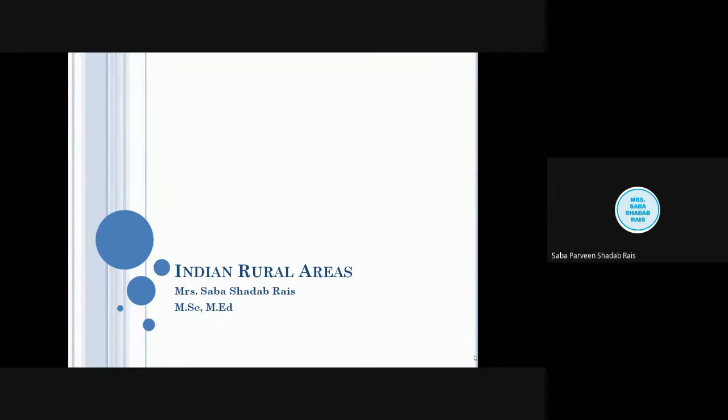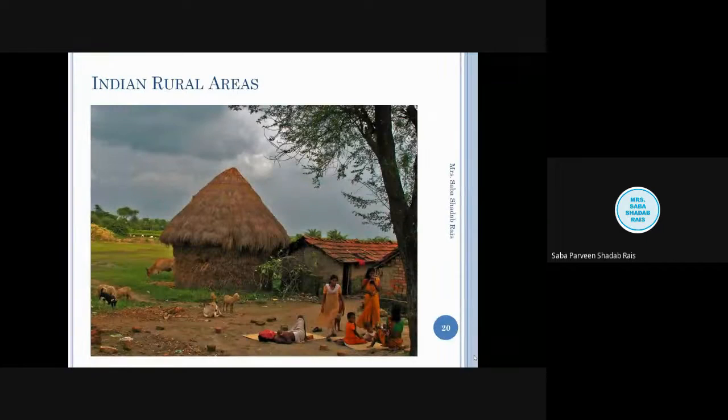So when we talk about the rural areas, that means the village areas. If you observe the Indian rural areas, as per the census 2011, there are over 6 lakh villages in India. And if we see percentage-wise, approximately 68.84% of the Indian population lives in the villages, and 31.16% lives in the urban areas.